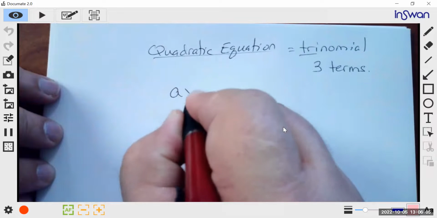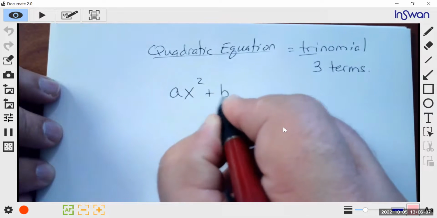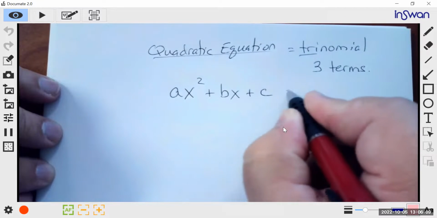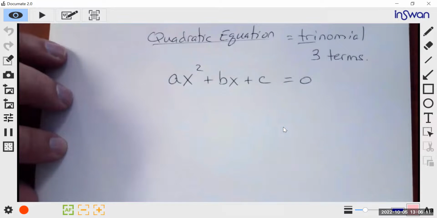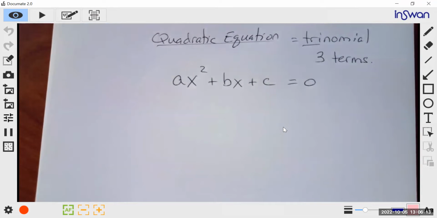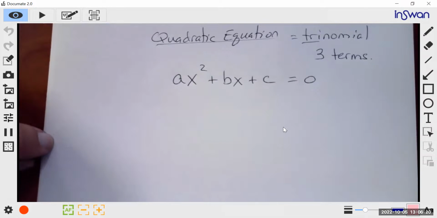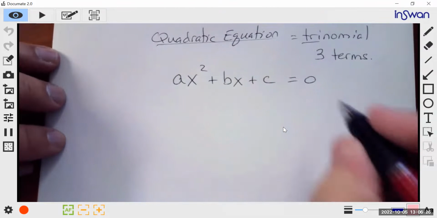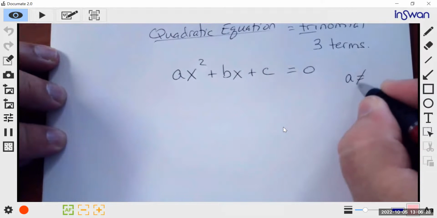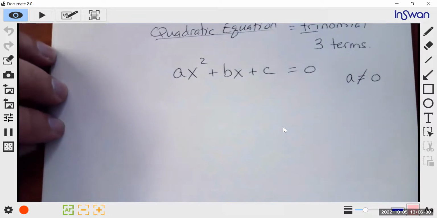What does it look like? It looks like ax squared plus bx plus c equals 0. So far, all the examples we looked at, what happened? We've always looked at a, b, and c, all of them being solid numbers. The only thing we cannot have is a cannot equal 0.